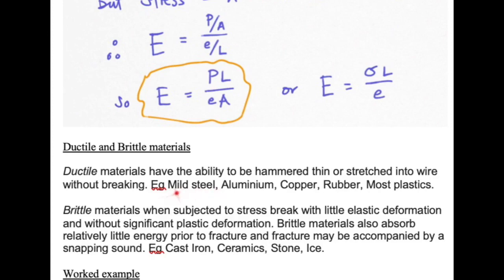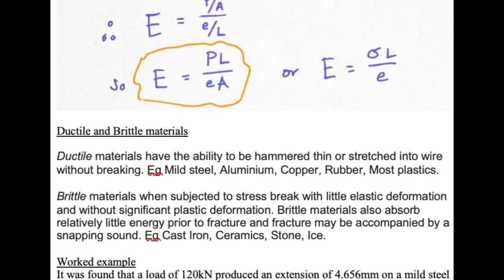So the mild steel that you're going to use in many of your designs, probably the chair that you're sitting on has got mild steel in it, aluminium window frames are all around you, copper you see here and there, rubber you're familiar with, I'm sure, and obviously lots of plastic materials are quite elastic and have this ductile behavior.